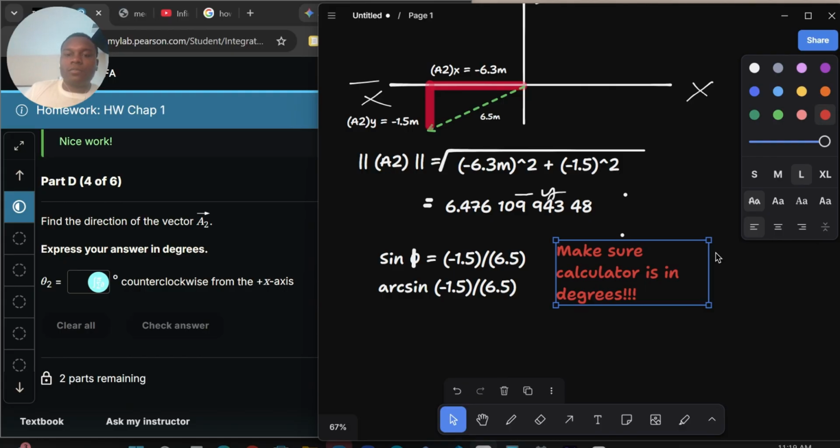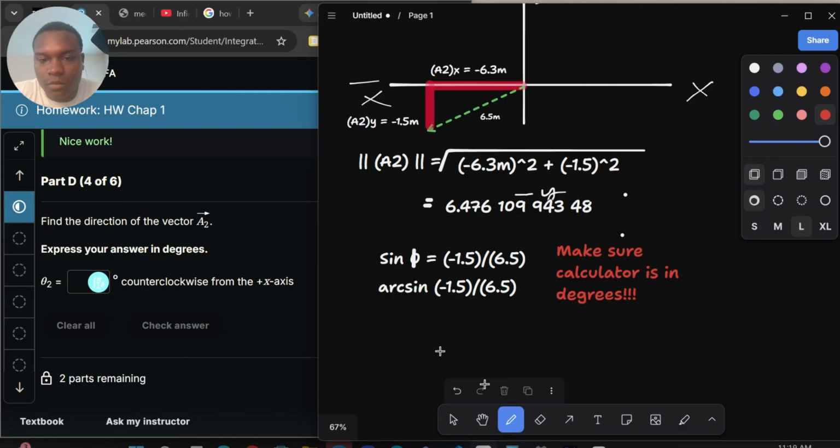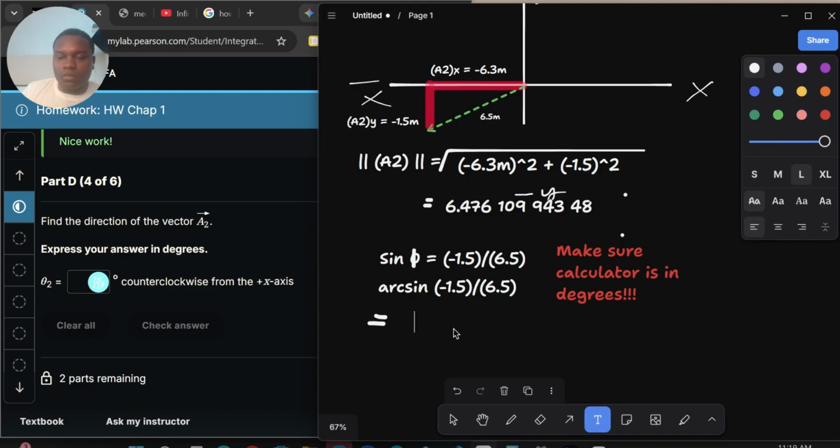All right. Arc sine equals negative 1.5 divided by 6.5.